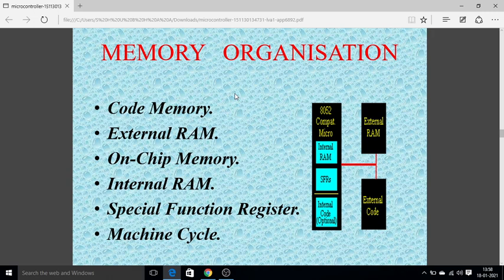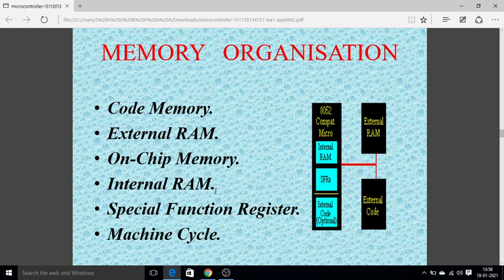So in total the 8051 is compatible with about 256 bytes of data memory. For code memory, it can have about 64 kilobytes, and the external RAM size is about 128 bytes. On chip we have RAM and ROM.